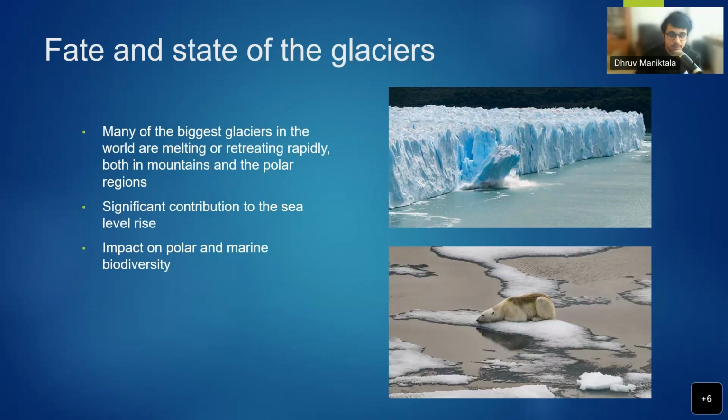So it's a huge impact on polar biodiversity. Also, the melting of glaciers is causing hazards and natural disasters in mountainous regions like flash floods, and affecting societies that depend on glacier meltwater for their livelihood. So there are many different scenarios being impacted by the rapid glacier melt and the changing climate.